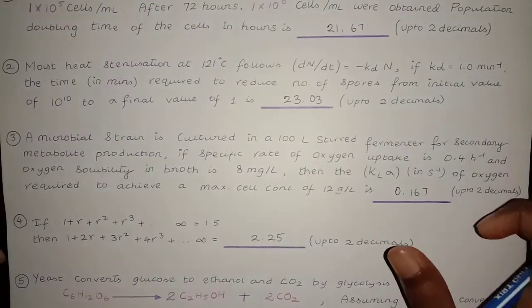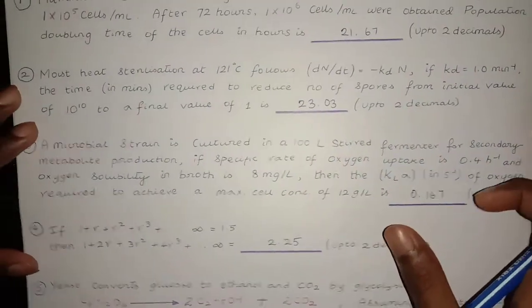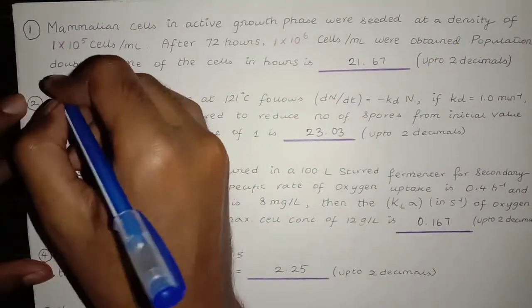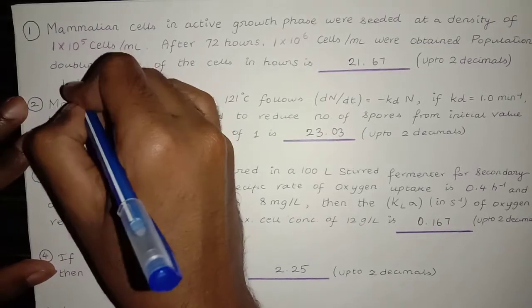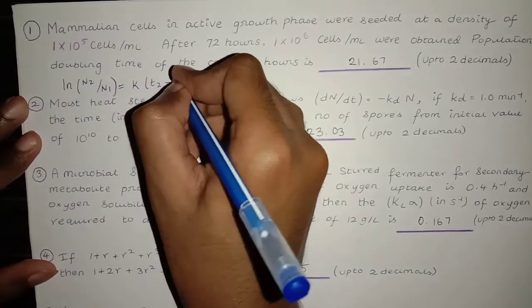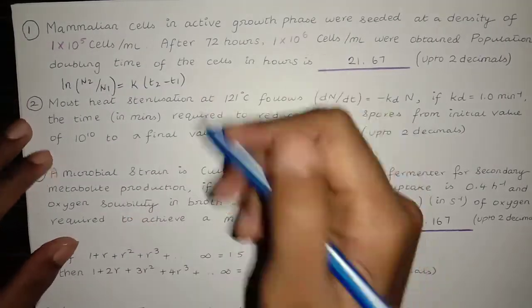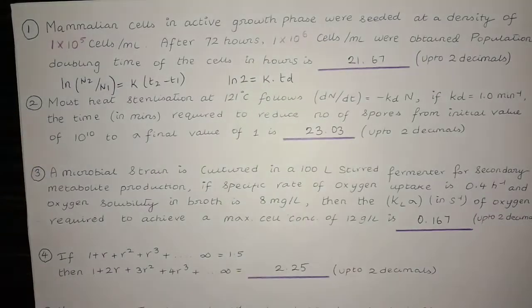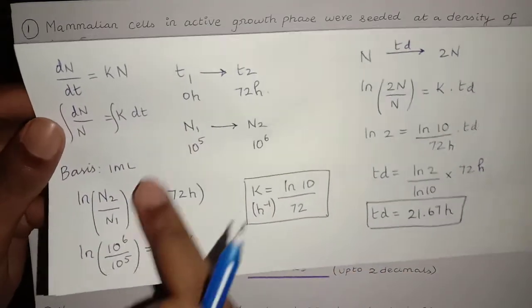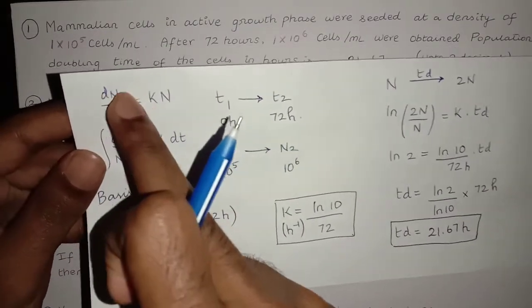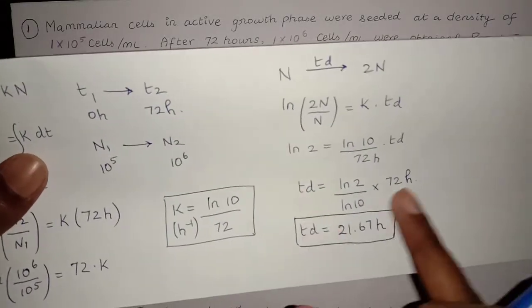So we finish this session by writing down all the formulas. For mammalian cells in the active growth phase, we use the formula ln(N2/N1) is equal to k(T2 - T1), and one more formula, that is ln 2 is equal to k times T_doubling, which we got from the integration of the first order equation which involves N, and the expression for doubling time.